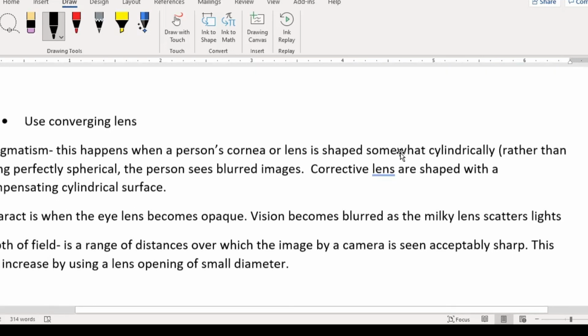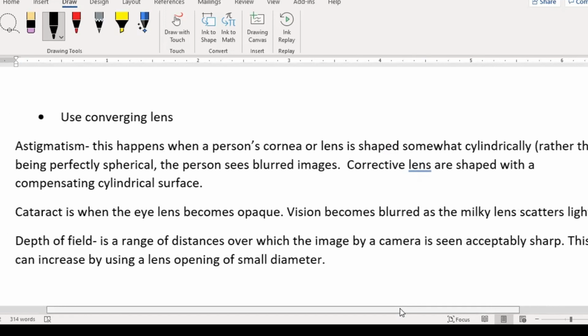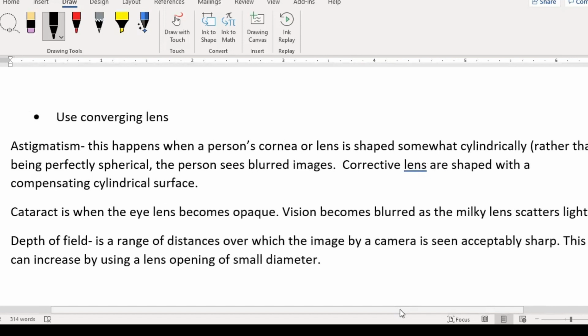In addition, they can ask you to talk about other eye conditions such as astigmatism. It says that this happens when a person's cornea or lens is shaped somewhat cylindrical rather than being perfectly spherical.